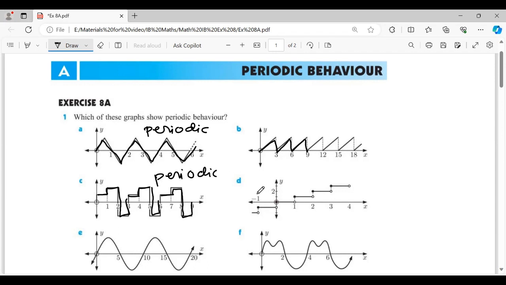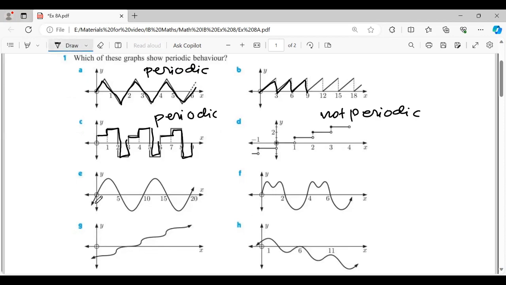How about D? D is not a periodic graph. Why? Because this graph never returns, it never repeats from this point, from negative 0.5. So it is not a periodic graph. Next, E. E is a periodic graph. Why? Because it repeats.